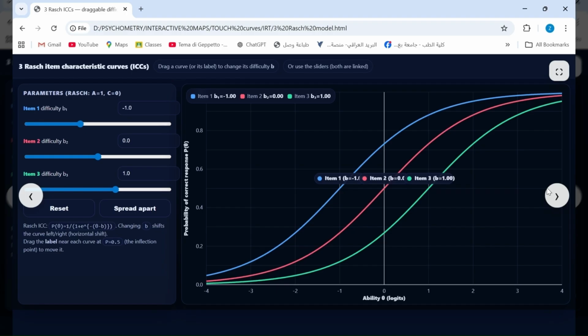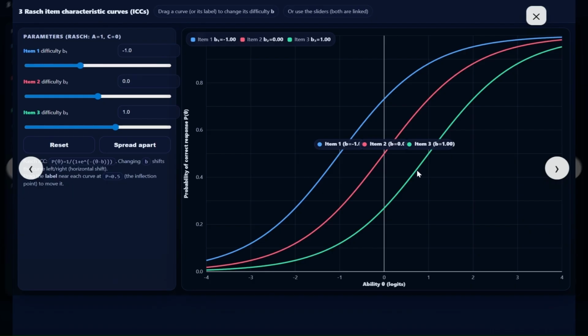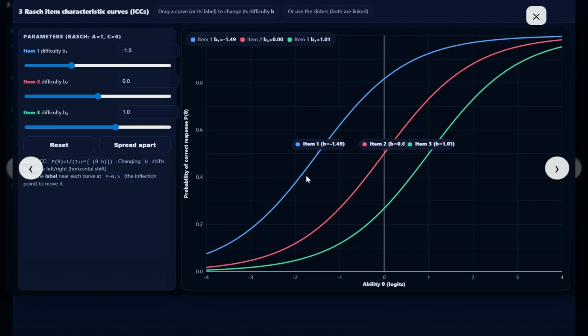So now we'll go to the Rasch model. As we said, the Rasch model only changes by the difficulty parameter.